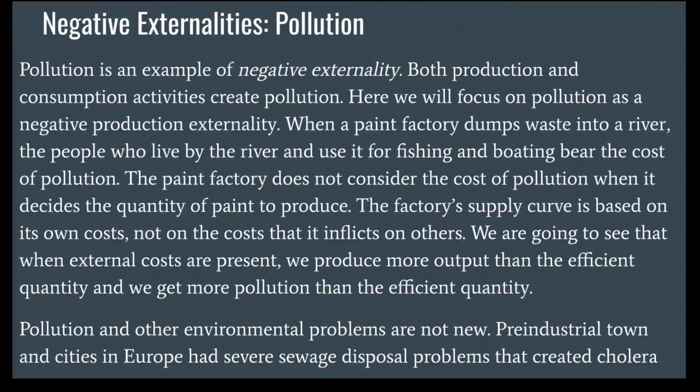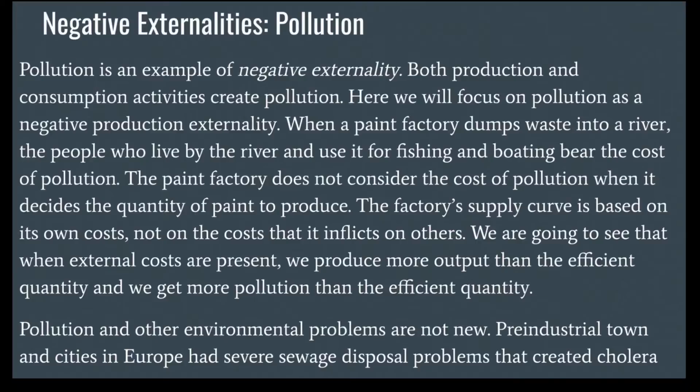The paint factory does not consider the cost of pollution when it decides the quantity of paint to produce. The factory's supply curve is based on its own cost, not on the cost that it inflicts on others. So we are going to see that when external costs are present, we produce more output than the efficient quantity and we get more pollution than the efficient quantity.